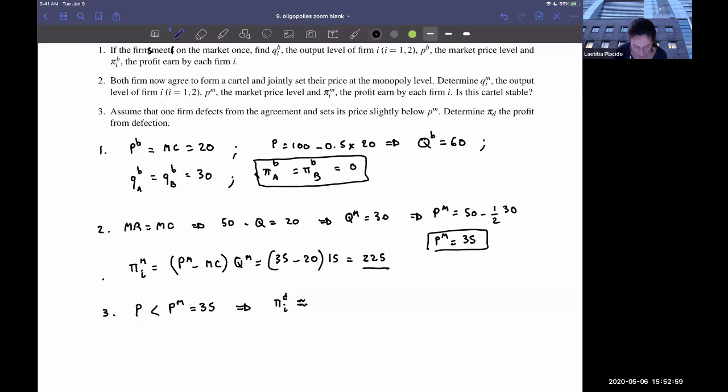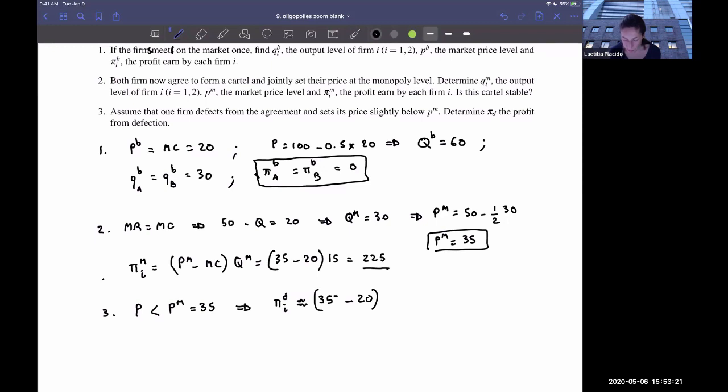So the profit is price, 35 a little bit less, minus marginal cost, which is 20, times total market demand. Now it gets all the market demand.